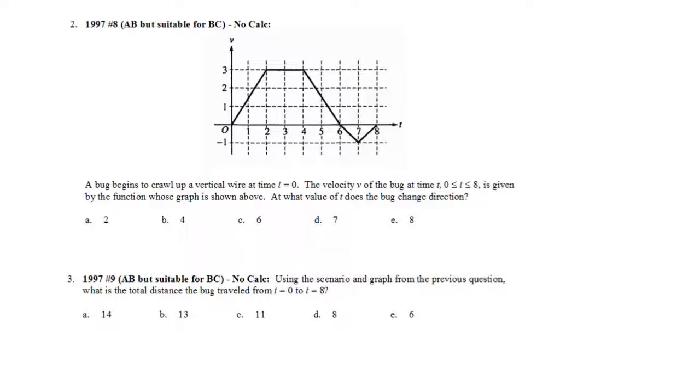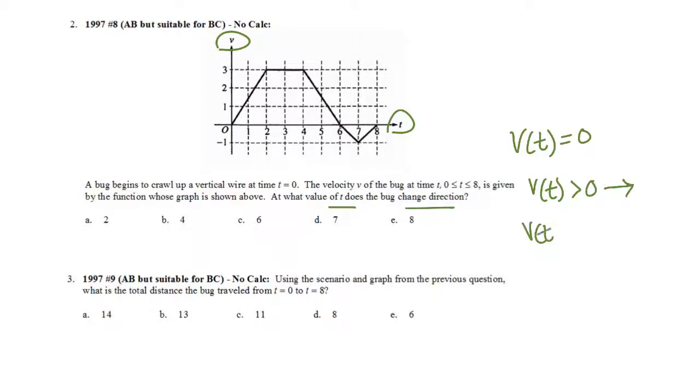Number 2, we've got a bug crawling on a vertical wire. We have the velocity versus time graph here, and I want to know for what value of t the bug changes directions. Well, when v(t) is 0, the particle has stopped. If our velocity is positive, the particle is moving right.